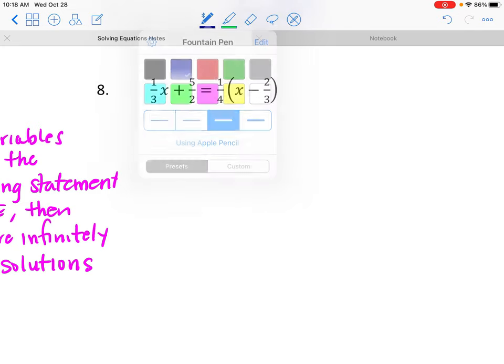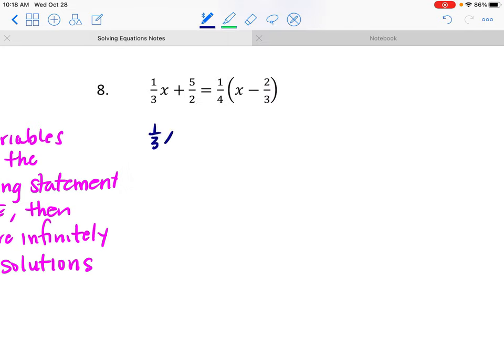So let's do that. I'm going to bring down the 1/3 x and the plus and the 5 halves. On the other side, 1/4 times x. Well, that's really 1/4 times the 1 that's in front of the x, and 1 times anything is itself. So 1/4 times 1 is going to be 1/4 in front of the x. And then let's distribute here, where we're going to multiply 1/4 times a negative 2/3.